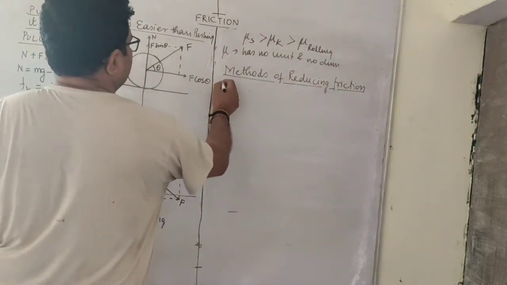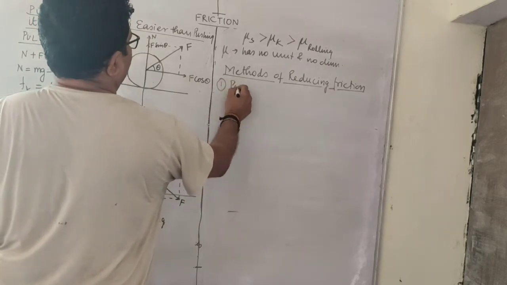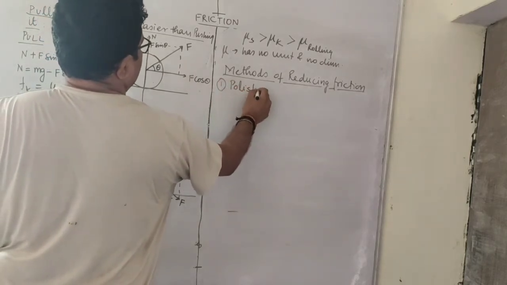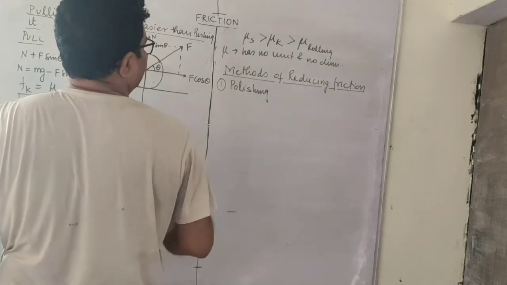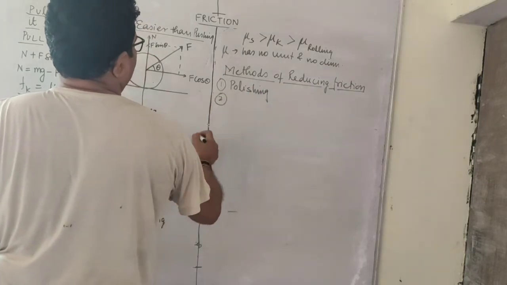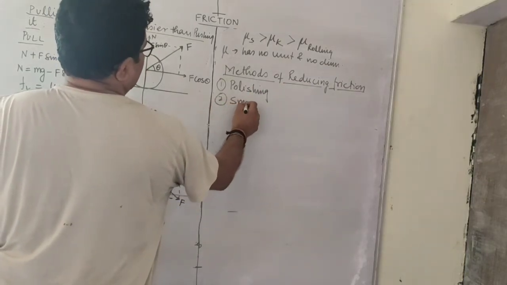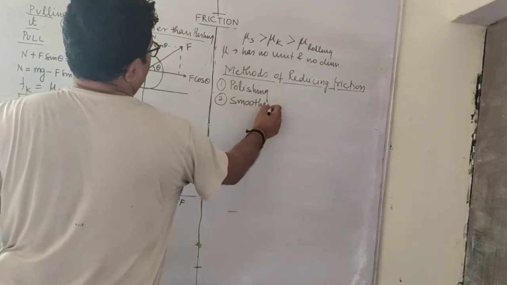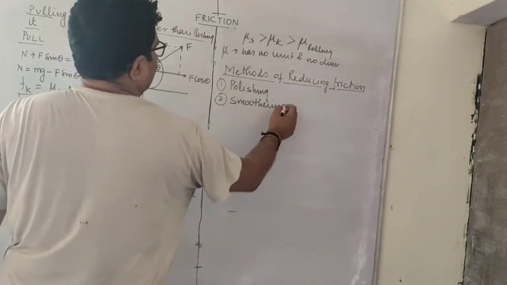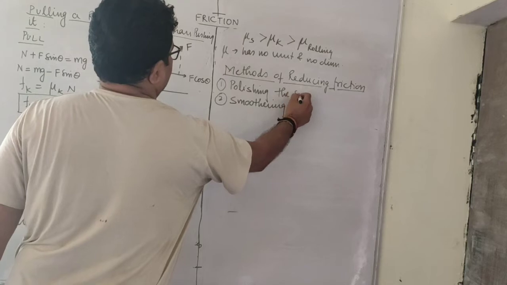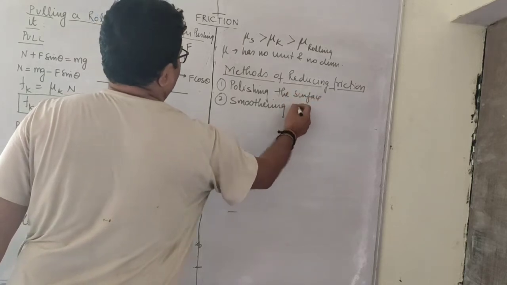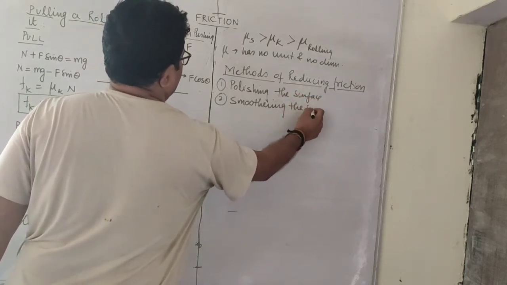First method, by polishing the surface, by smoothing the surface.